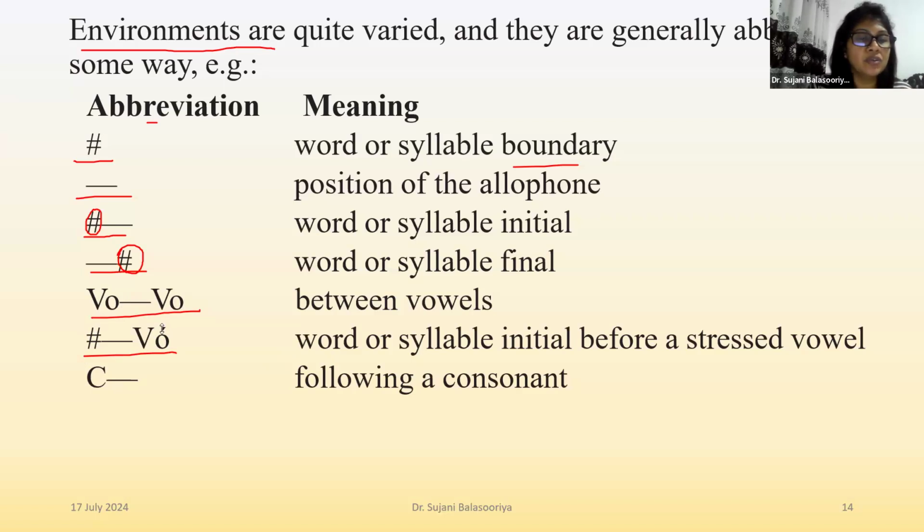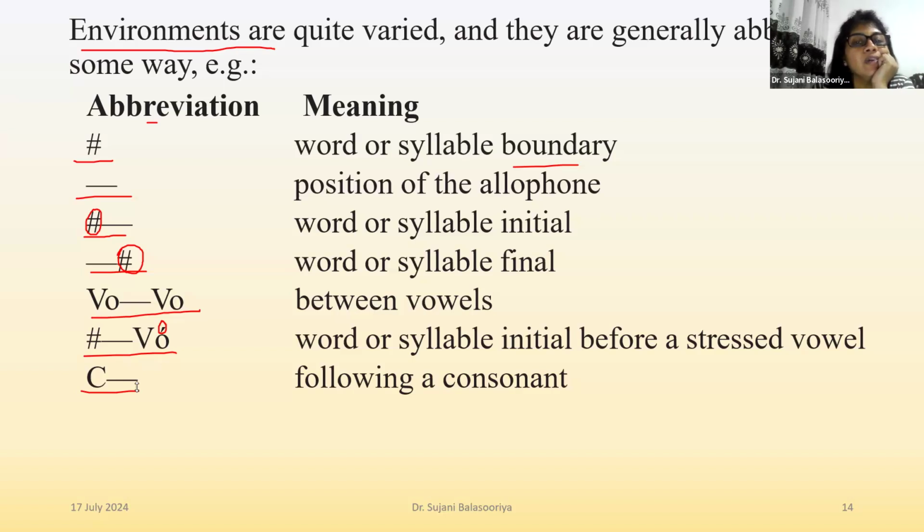Can you see it? This mark is used to indicate that the vowel is stressed. And this is C for consonant. So C and this straight line means following a consonant, and after that the particular allophone is used.